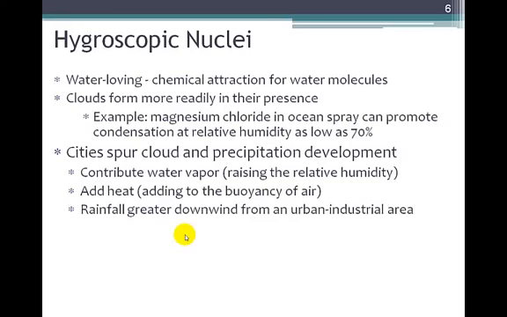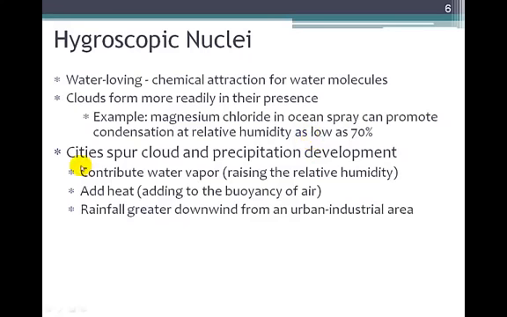So the saturation point doesn't quite have to be reached. It can just be higher levels of humidity. You see here with magnesium chloride that clouds can develop with relative humidity as low as 70% instead of 100%, which would be saturation. So if you have hygroscopic nuclei, it's going to be easier for clouds to develop.